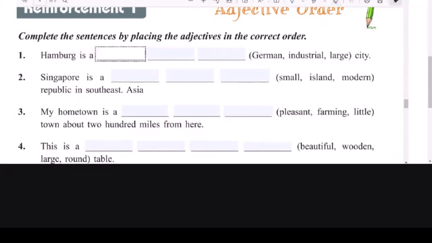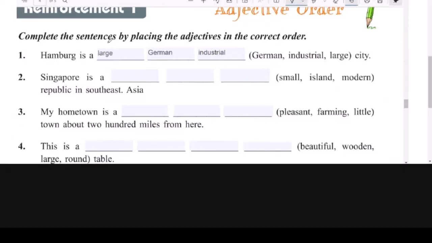Hamburg is a German. No, Hamburg is a large industrial and German city. Because industrial, let's identify the type of adjective.